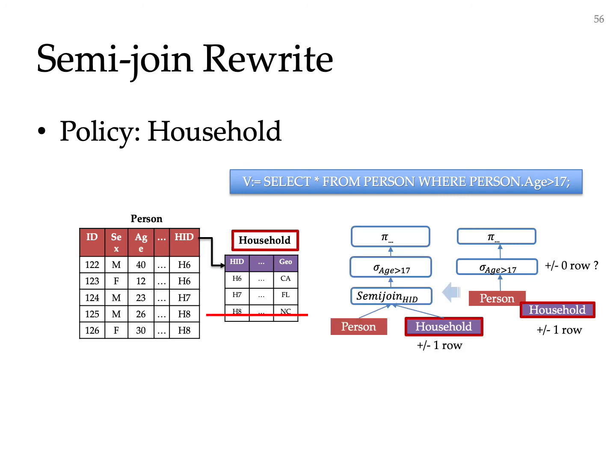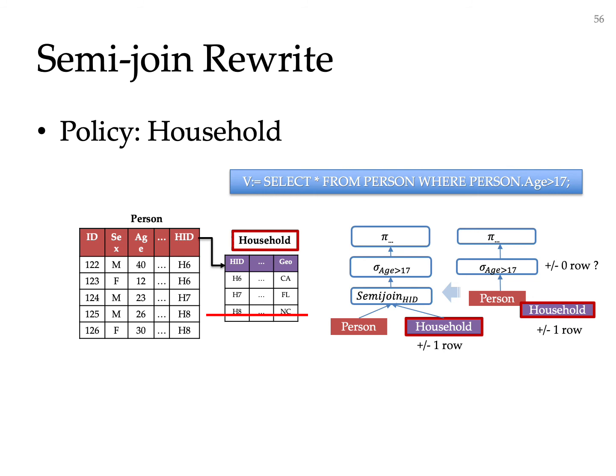To address this problem, the query needs to be rewritten with a semi-join operator, and the resulting execution plan is as follows. First, a semi-join operator is applied over the person table and the household table, followed by a filter operator that filters out all rows with age greater than 17, and then returns the outputs.